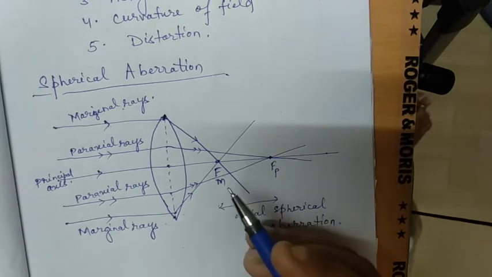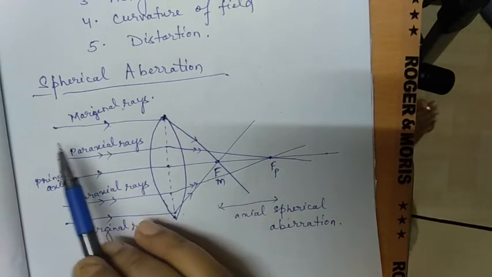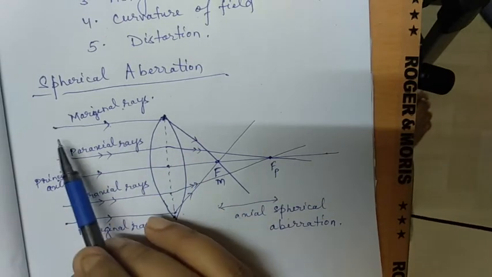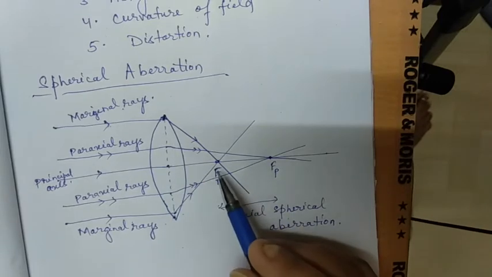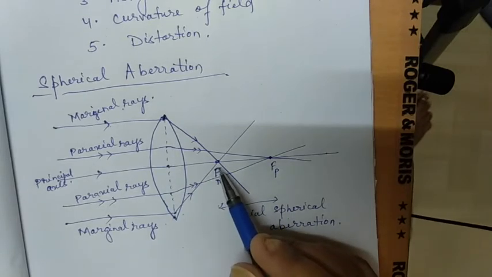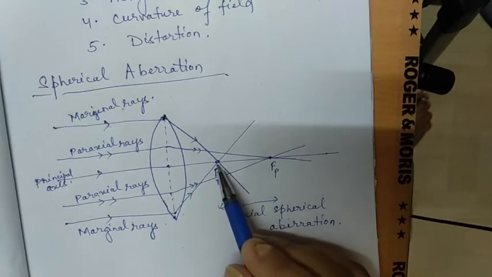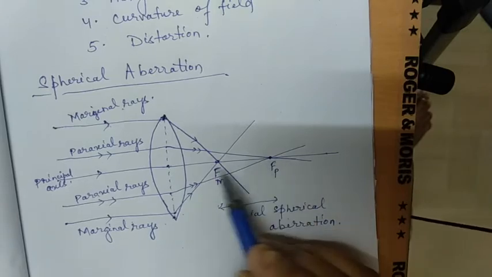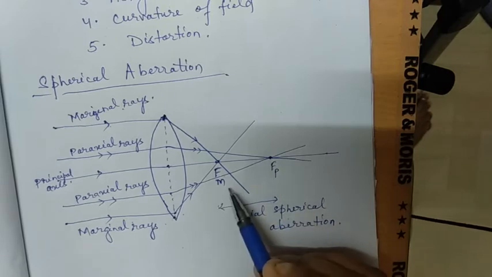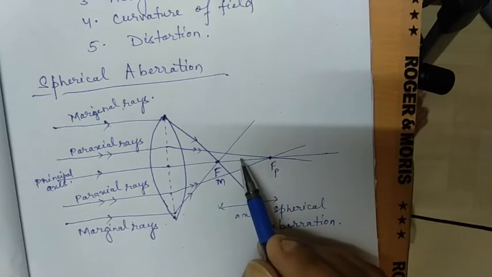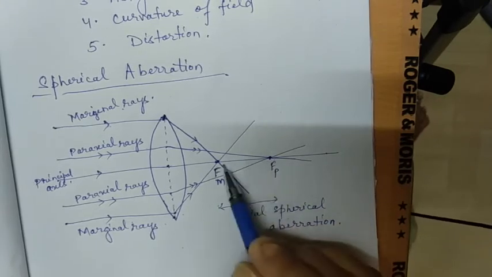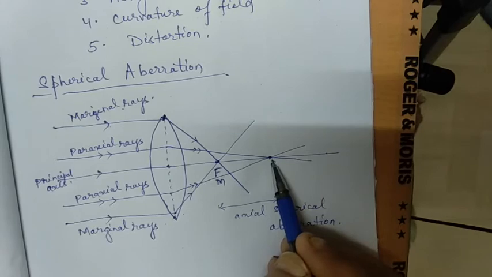So when you are considering a white light, they observe that they won't get the focus at a single point. So here you can observe that there are 2 different focal points, that is FP and FM, and the image is between these 2 points. So when you put a screen anywhere between these 2 points, you will get the image.